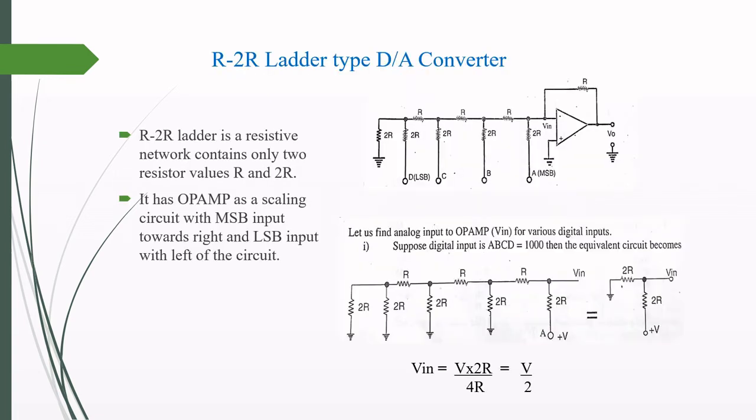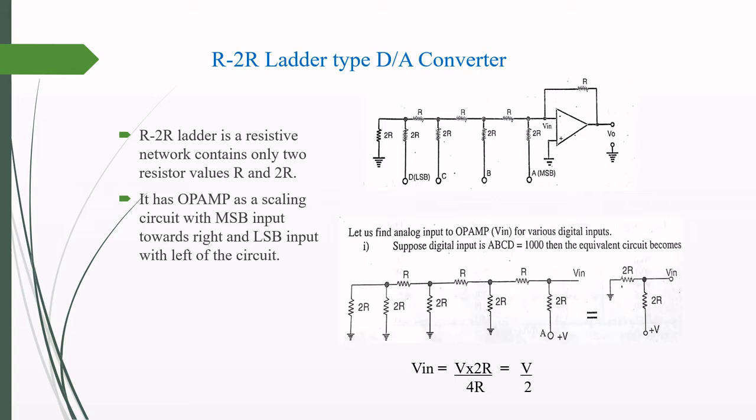Now let us see the second type of D2A converter, which is the R2R ladder type D2A converter. It is a resistive network which contains only two resistor values, R and 2R. You can see it in the diagram. Here the op-amp is used as a scaling circuit with the MSB input towards the right and the LSB input towards the left of the circuit.